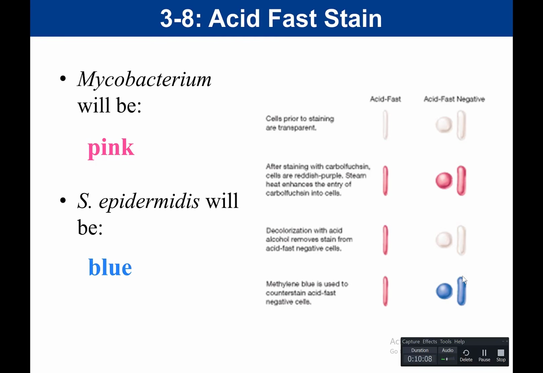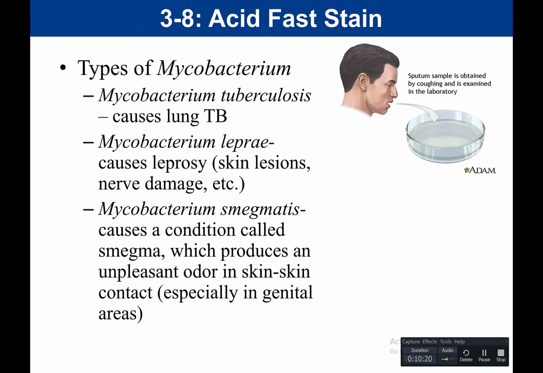You don't have to memorize that example, but the acid-fast negative would be blue because it would lose its carbolfuchsin in the decolorizer step. So again, in terms of what organisms you need to know for this, you don't need to know Mycobacterium leprae or Mycobacterium smegmatis, but you should know an example organism for an acid-fast stain would be Mycobacterium tuberculosis, which causes lung TB.